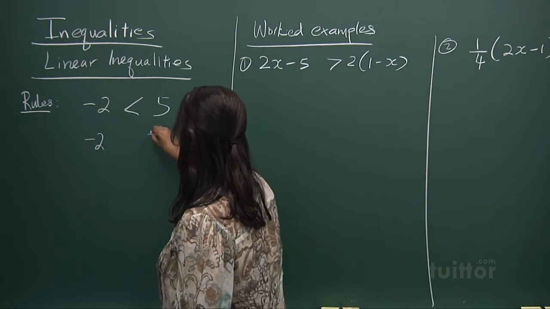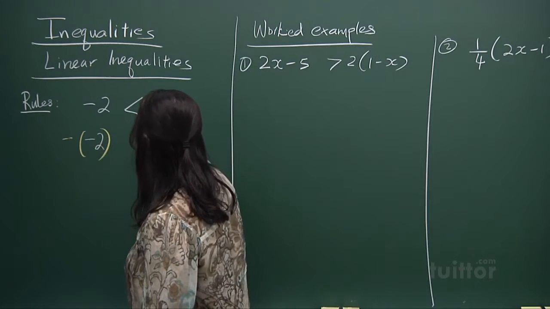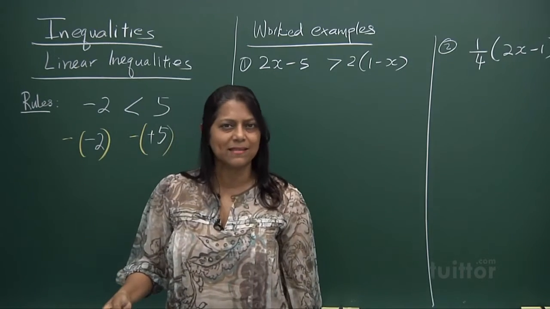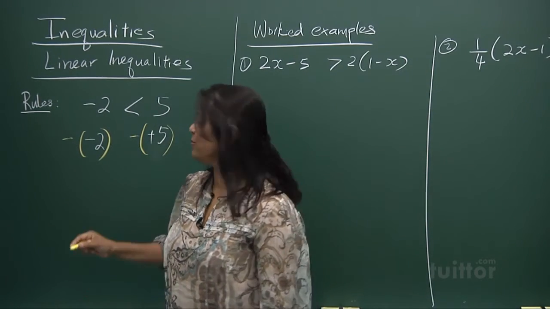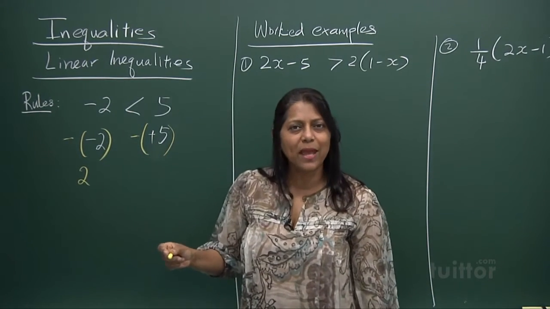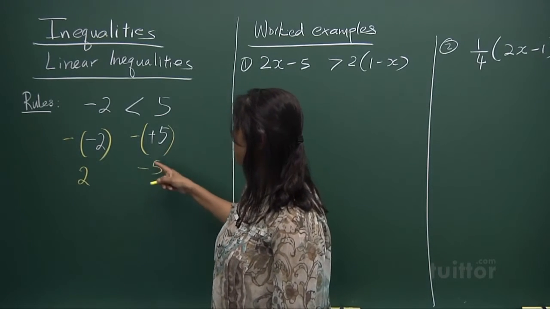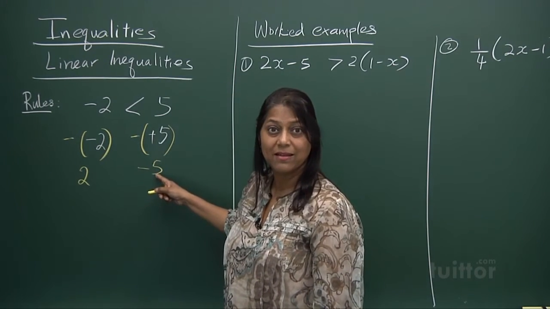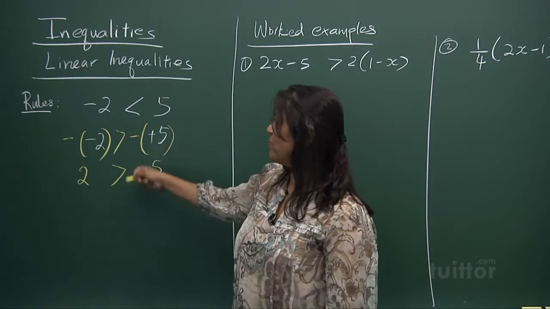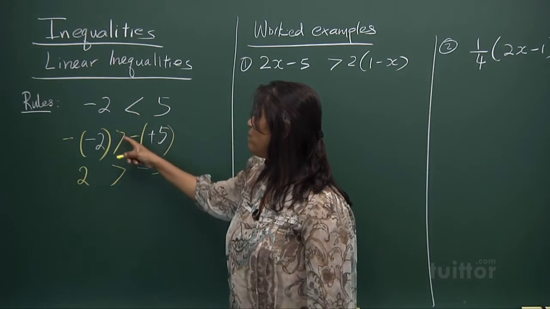And if I multiply here with a minus, look at that sign. Minus and minus, what do we get? Plus 2. Excellent. And minus and plus, what do you get? Minus. So this becomes bigger than that. Do you see that? 2 becomes bigger than minus 5. So the change of sign, smaller to bigger.